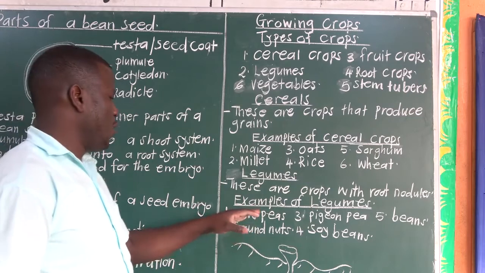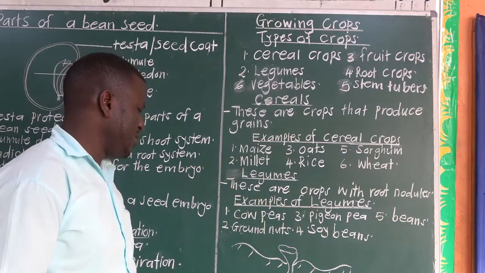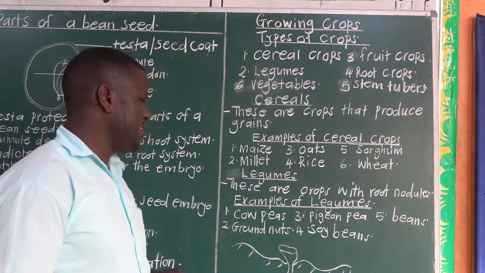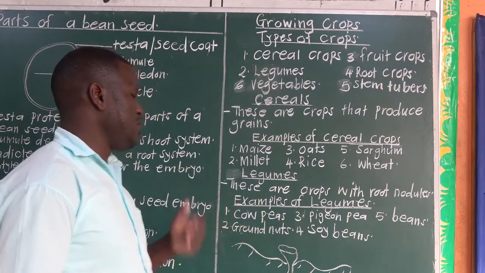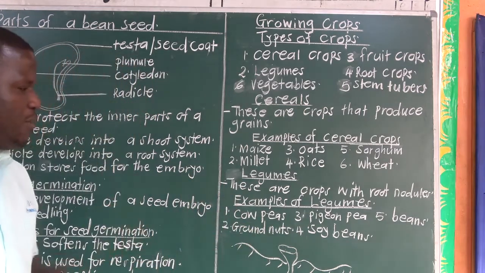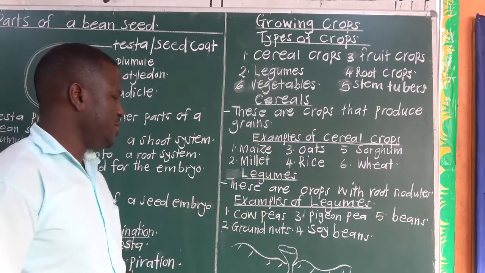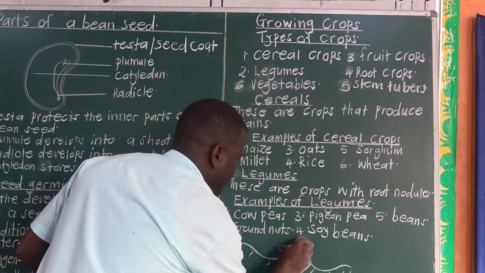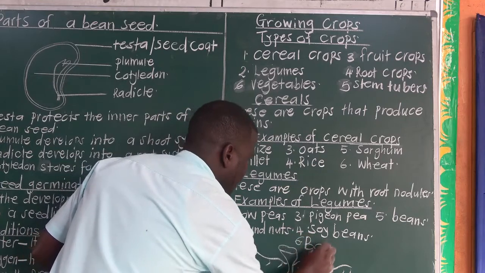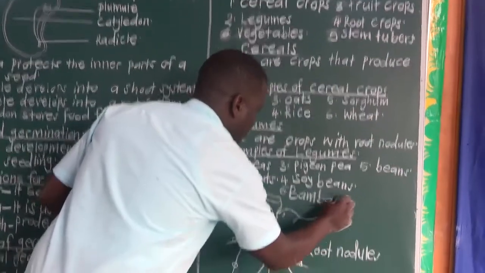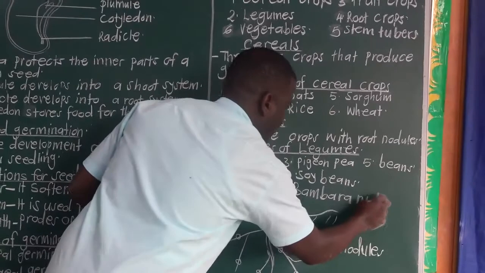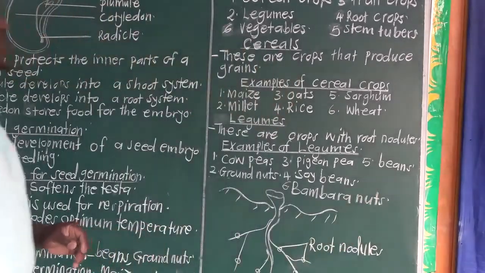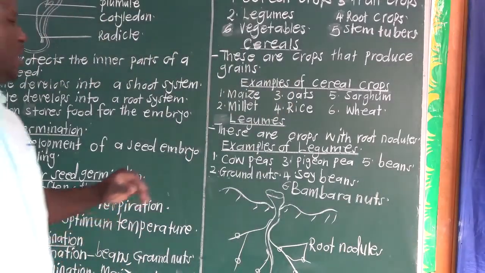One, we have cowpeas. We have groundnuts. We have soya beans. We have pigeon pea. Then we have beans. But we also have another one called bambara nuts. So we have around 6 examples of legumes.